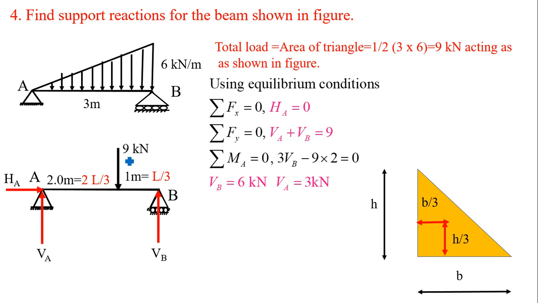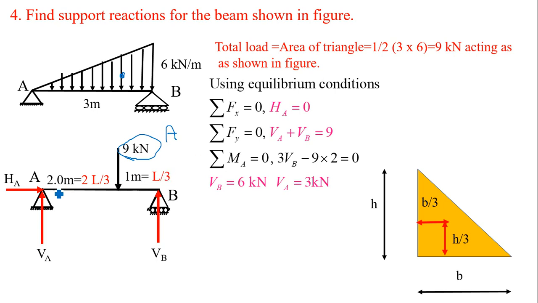The point load magnitude, 9 kilonewton, is equal to the area of the triangle. Area of triangle is half, base is 3 meter, height is 6. So half of 3 into 6, 9 kilonewton, and it is acting at the CG point. CG from A is located at 2/3, and from B at 1/3. So 2 meter from A and 1 meter from B.